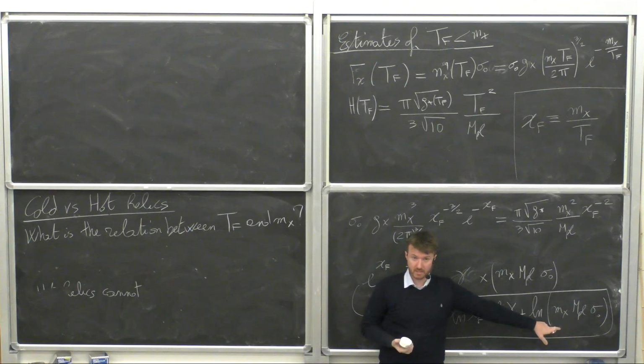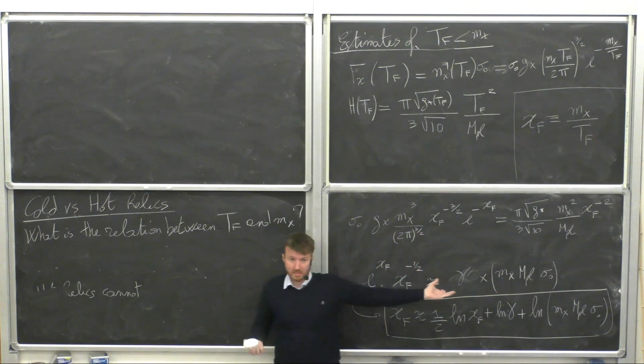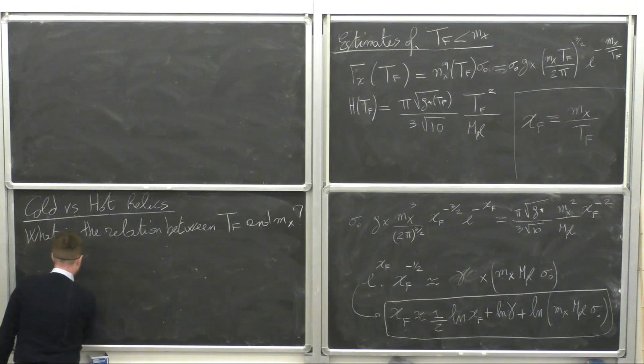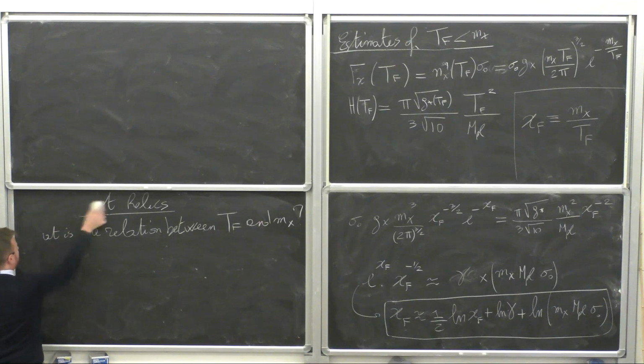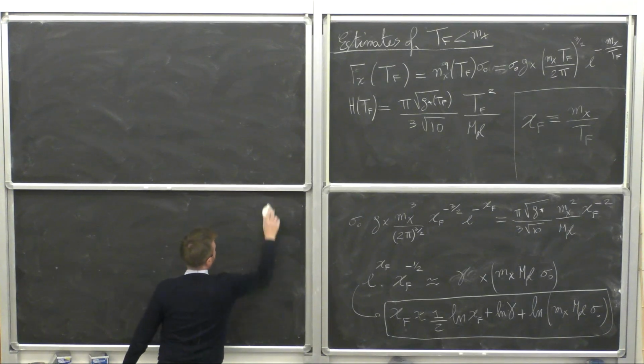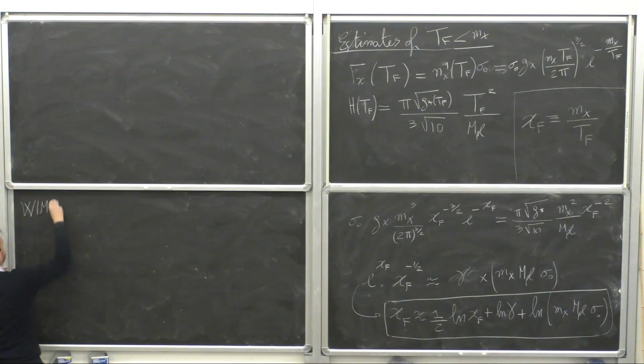It's a log sensitivity. If I change the mass by a factor of 100, XF will change by the appropriate amount rescaled by the log, so it's not going to change by too much. But let's focus on a WIMP benchmark to see the explicit value.